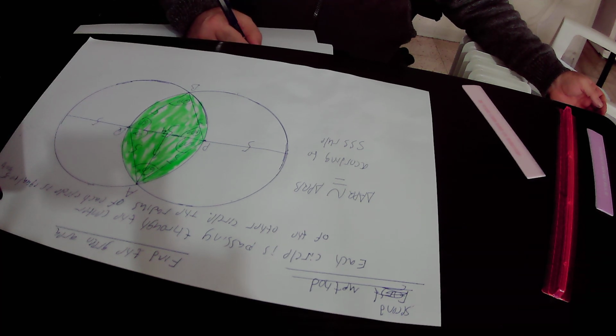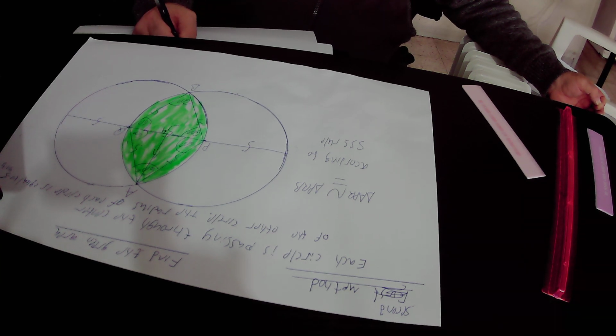Okay, so write it again: the area of segment AQ equals the area of sector APQ minus the area of triangle APQ.